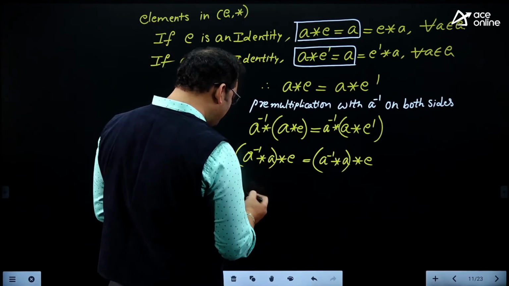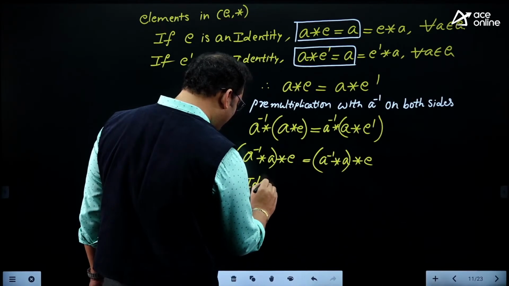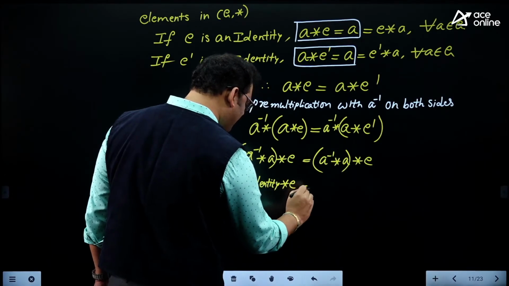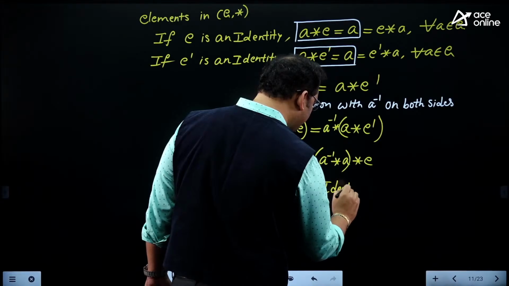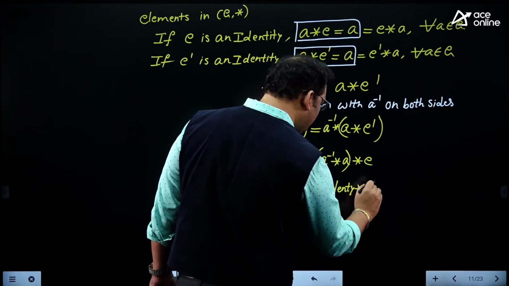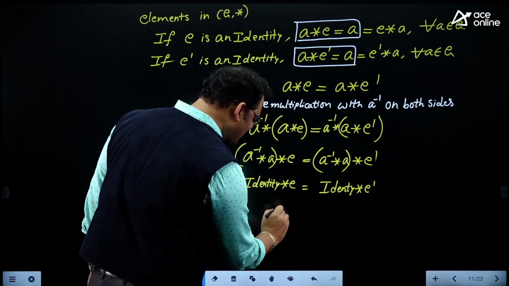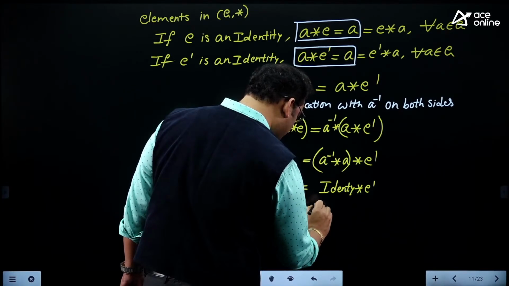So the identity element star E here, and here also the identity element star E dash. Now identity with E is E, and identity with E dash is again E dash.